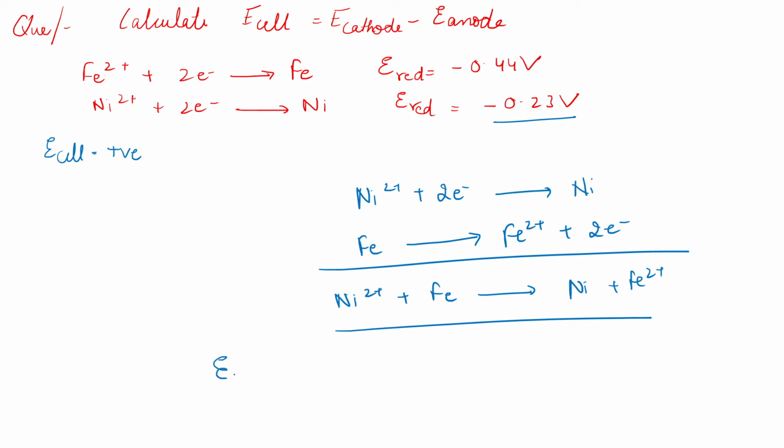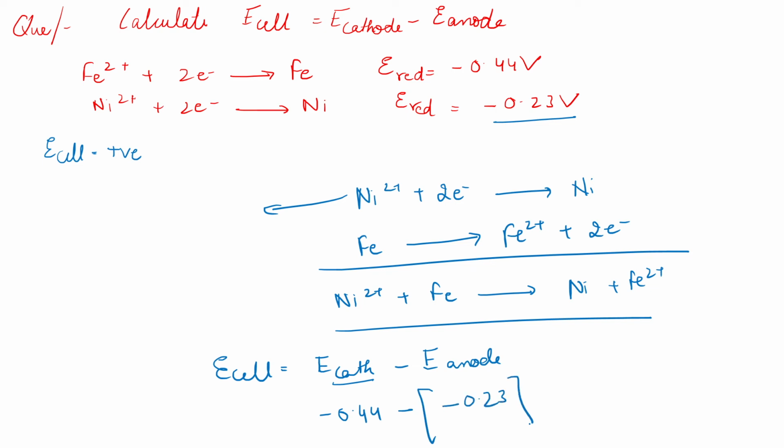So E cell will be E cathode minus E anode. E cathode over here is nickel, so the reduction value for nickel is minus 0.44, minus E anode is minus 0.23. Okay, we made some mistake over here.